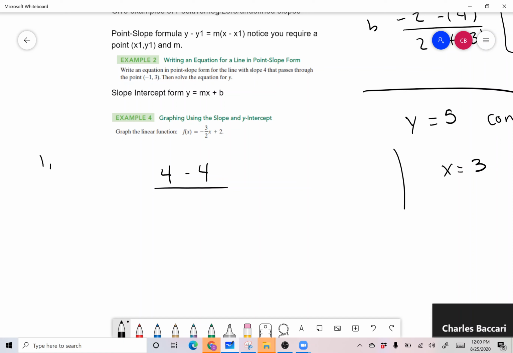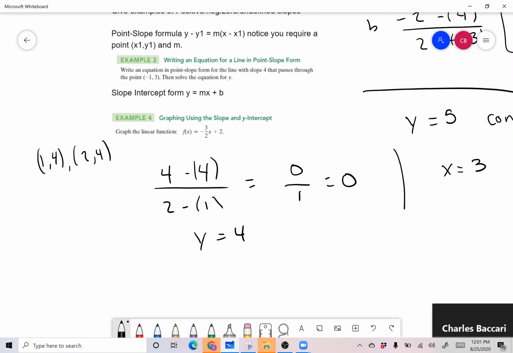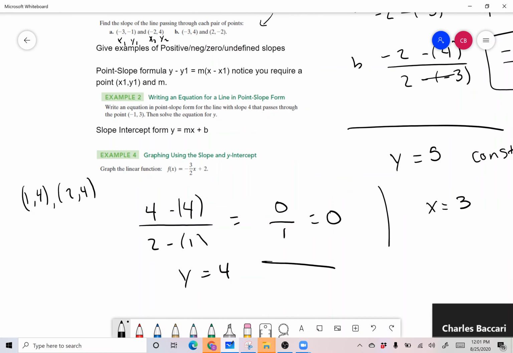Okay, 4 and 4. So there's that. 2 minus 1. This is going to be 0 over 1, so this is 0. And so this is the line y is equal to 4 in this case. That would give us a flat horizontal line, which is a 0 slope.